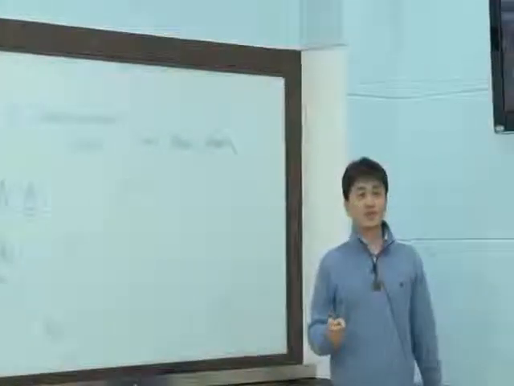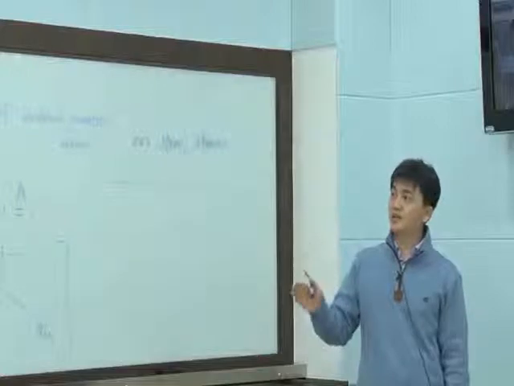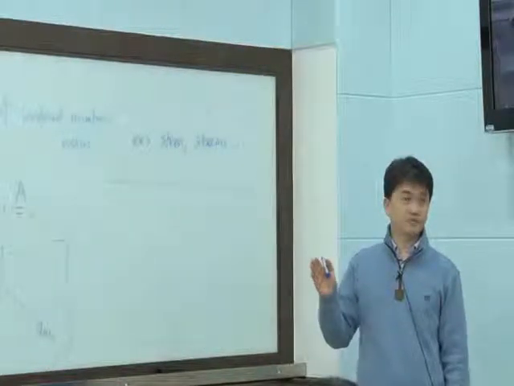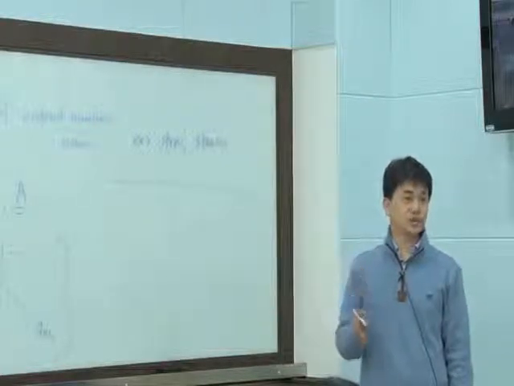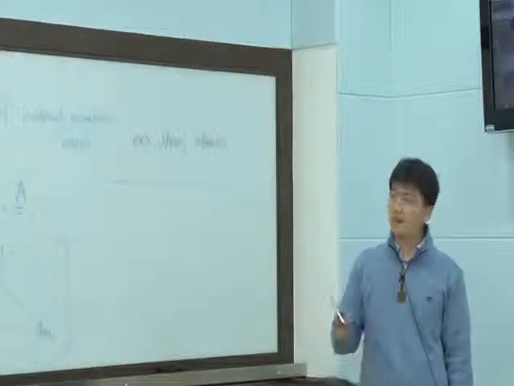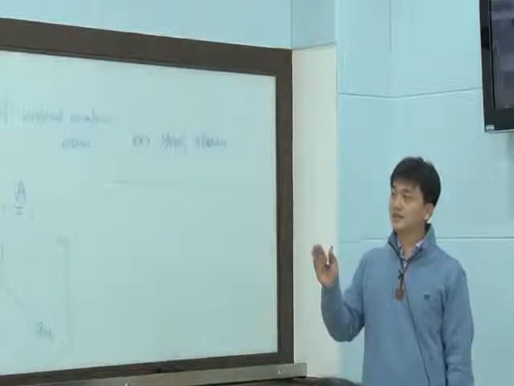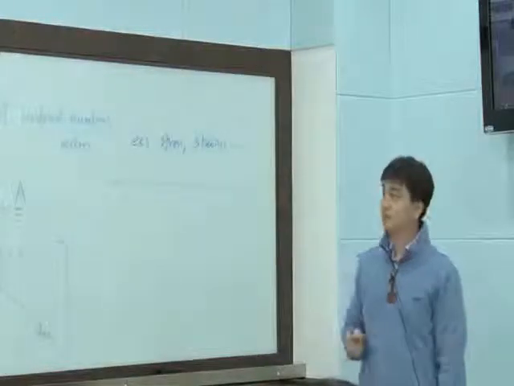So scalar, vector, and matrix are ways to represent a physical quantity, and we know some simple rules. A scalar is a single real number.